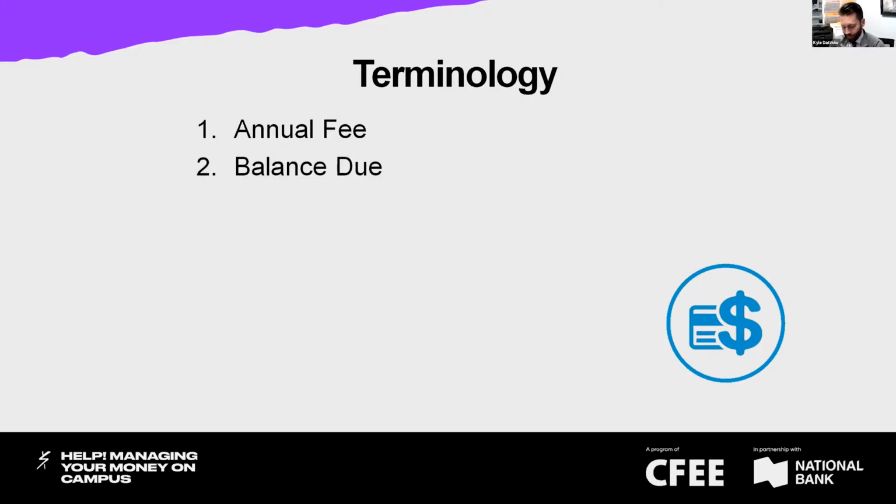Balance due. Your statement will tell you what you owe and when it's due. The amount due can include any unpaid balance you owe from a previous bill, as well as any new charges, interest, late fees, or annual fees. Credit limit. Fairly straightforward, but this is the amount you can borrow using your card. The lender can't change this limit without letting you know, whether it's up or down.